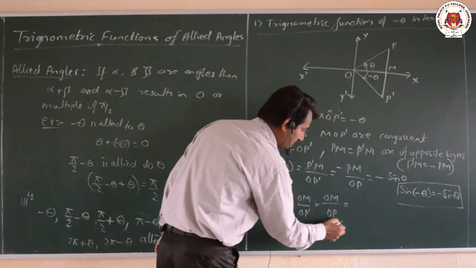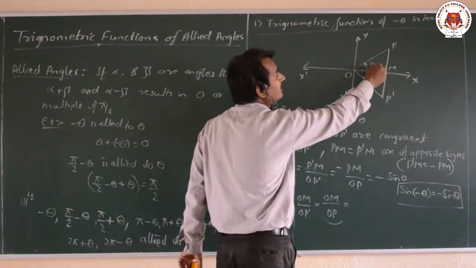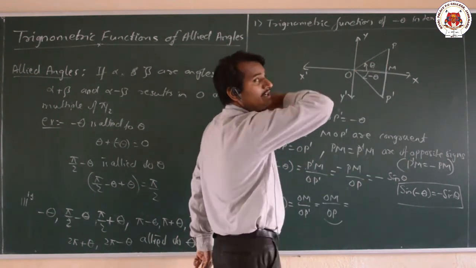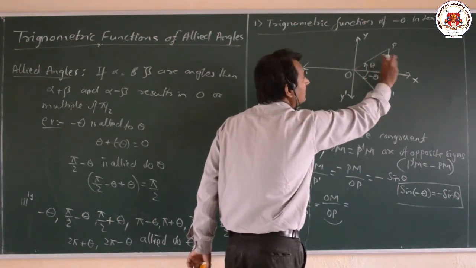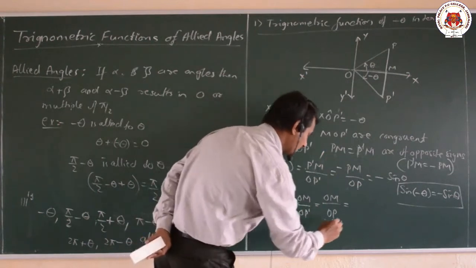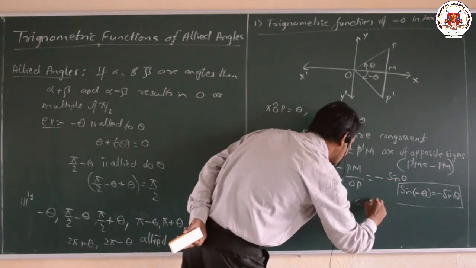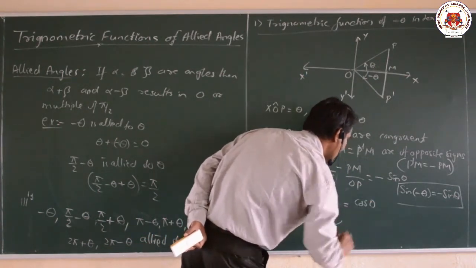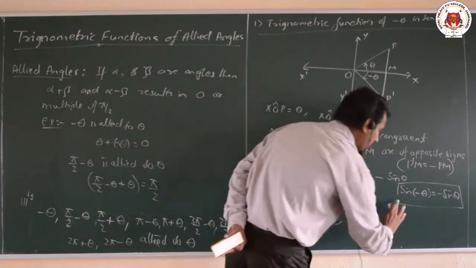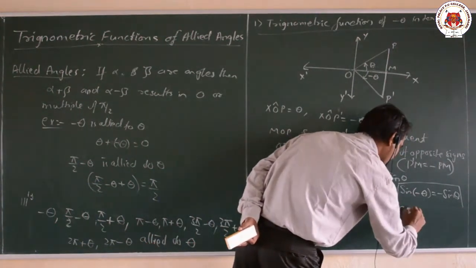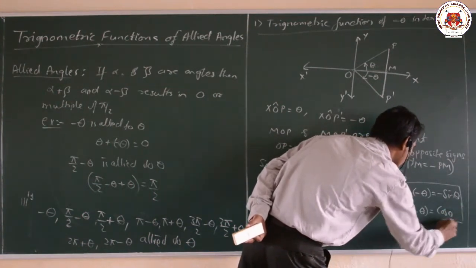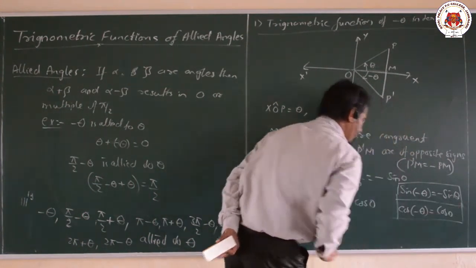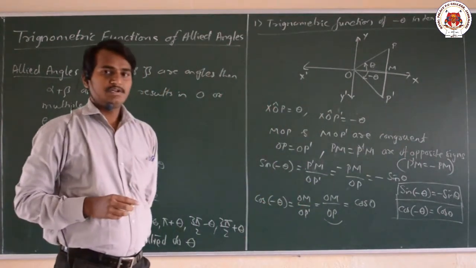In terms of theta, OM divided by OP is cos theta, and it is positive. Dear students, so cos of minus theta is equal to cos theta, positive.